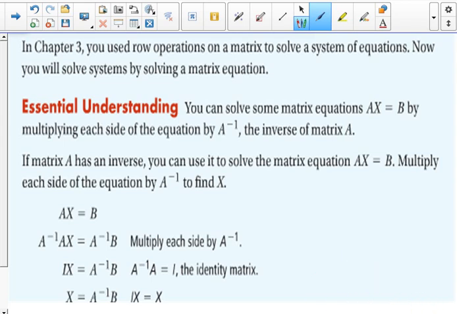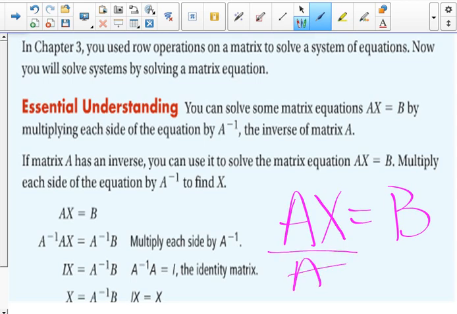When we solve a system of equations, we have to learn about matrix multiplication a little further. So if I have matrix A times X equals B, well, you would say, if we want to solve for this matrix X, the unknown matrix, why don't we just divide both sides by A?